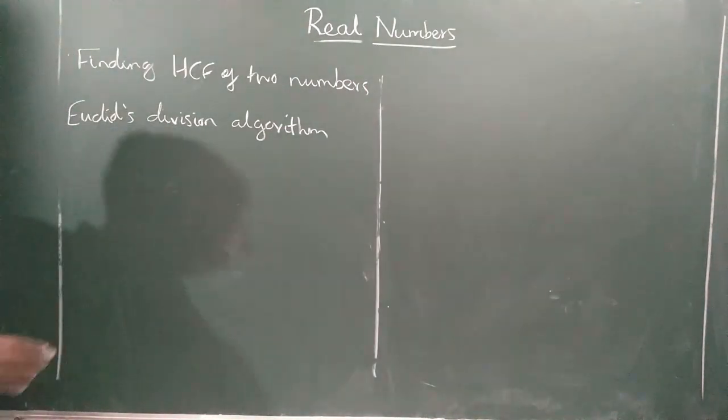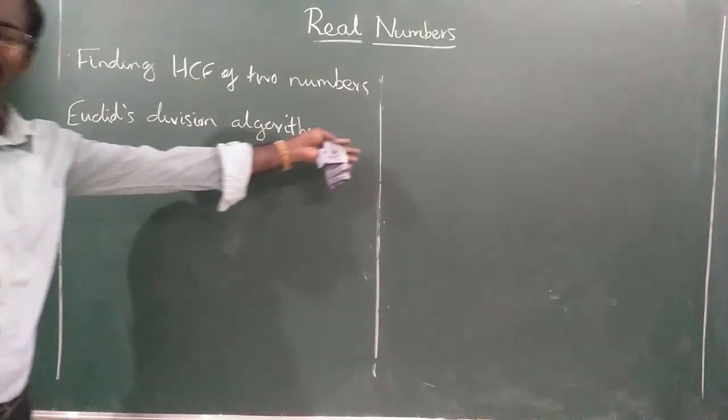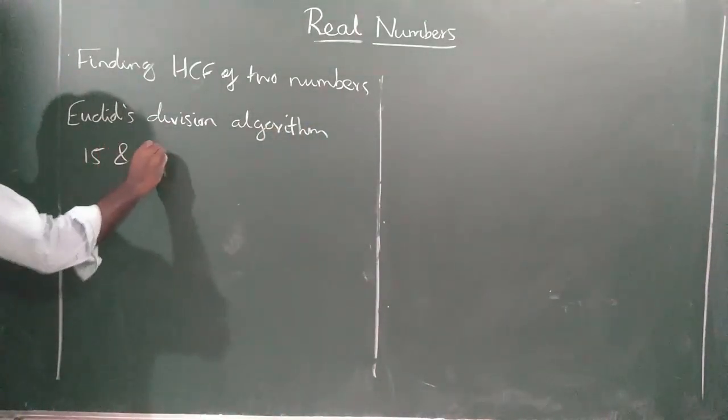Okay. So consider the two numbers. We do the same: let us take 15 and 40.